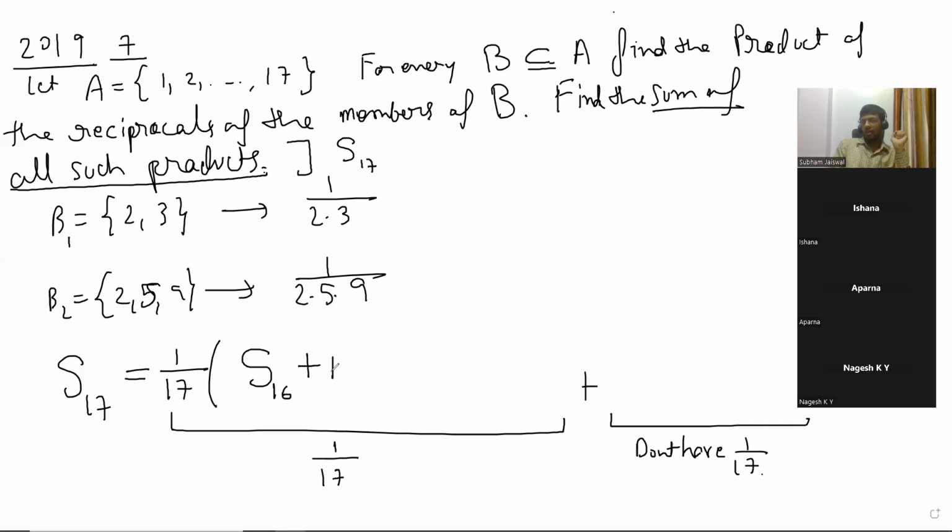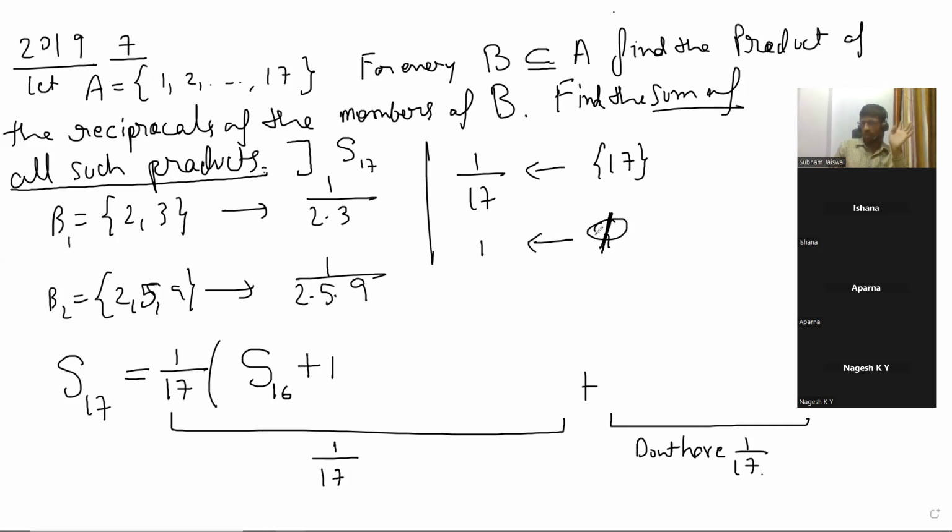Can you tell me why? Because the 1 by 17 that we had for this set, when you pull out the 1 by 17, now becomes a 1, and that is for the empty set. So that extra 1 will be there.